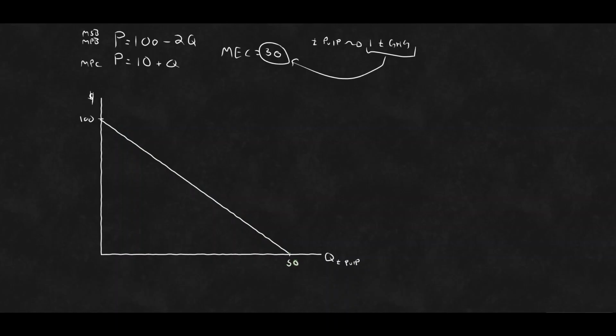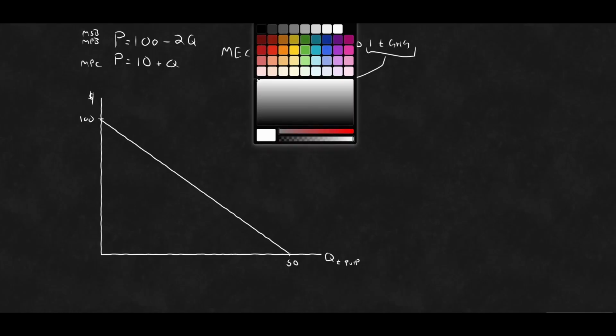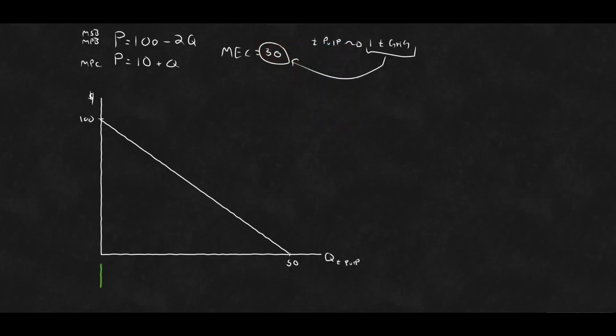That is our horizontal intercept of 50. Now, keep in mind, kind of like what we did last time, we could say that we have this pollution axis, and that is, in this case here, our quantity in terms of tons of greenhouse gases. And whatever that works out to be.